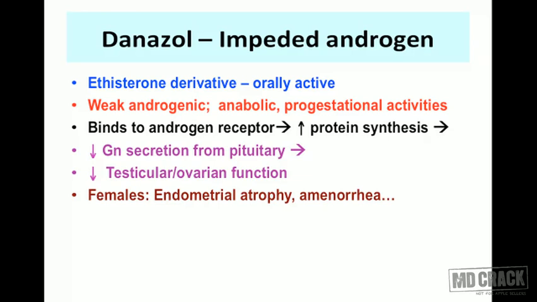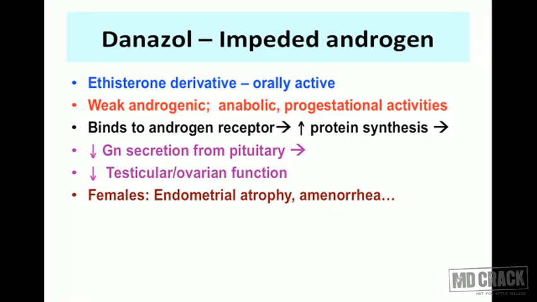So it's used in females. It produces in females the endometrial atrophy and amenorrhea. Have a look at it again. It goes to the androgen receptor, stimulates protein synthesis, that leads to decreased gonadotropin secretion from the pituitary. So there is suppression of the testicular and ovarian function.